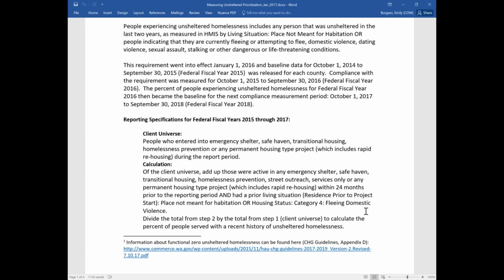So now we were able to look back, and there was a lot more matching of people who had a history of unsheltered homelessness or fleeing domestic violence.